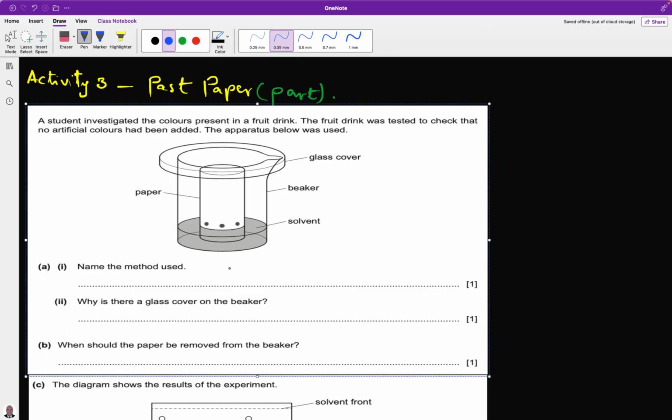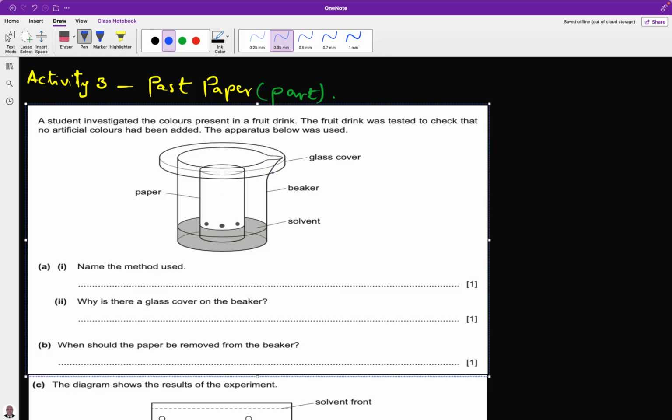Question B. When should the paper be removed from the beaker? The paper can be removed when no more color is observed traveling up the paper.